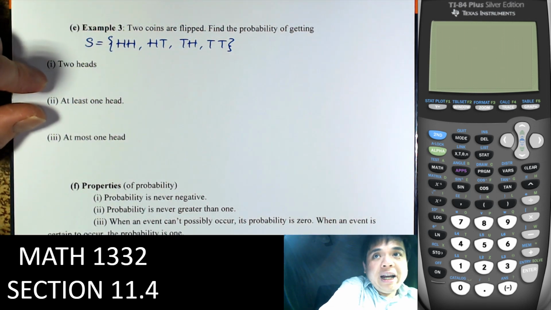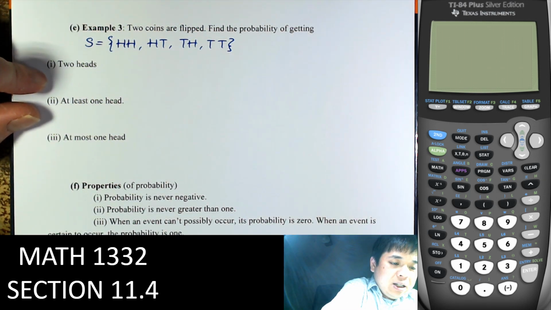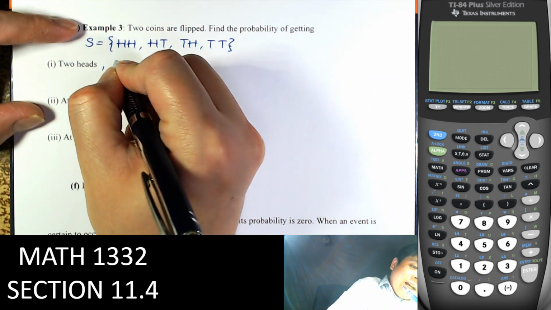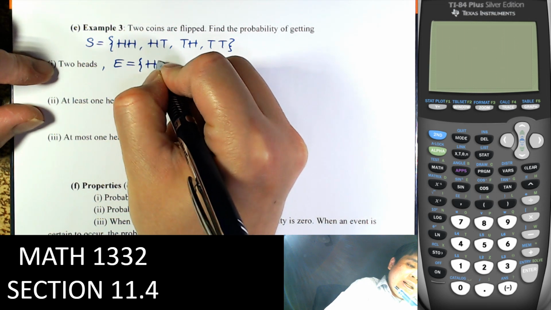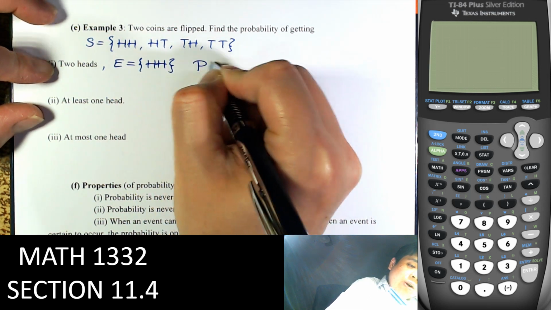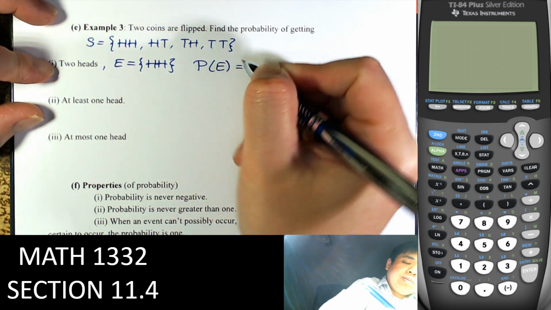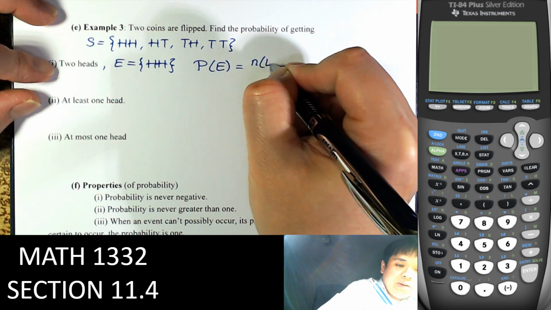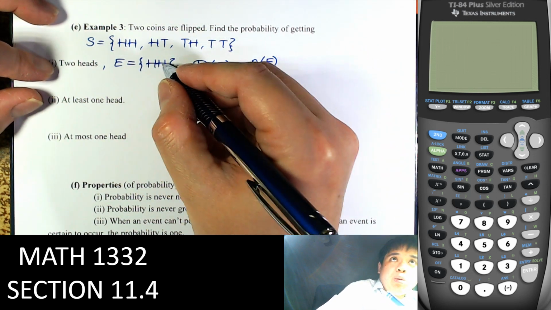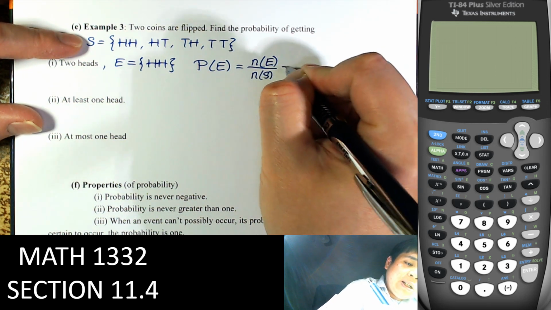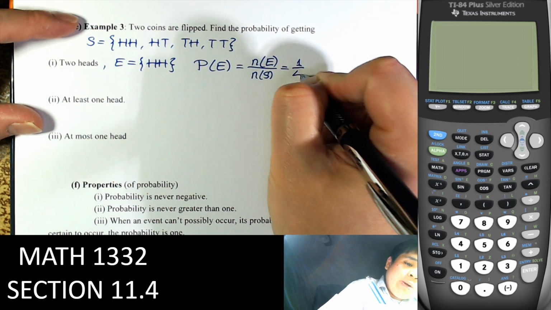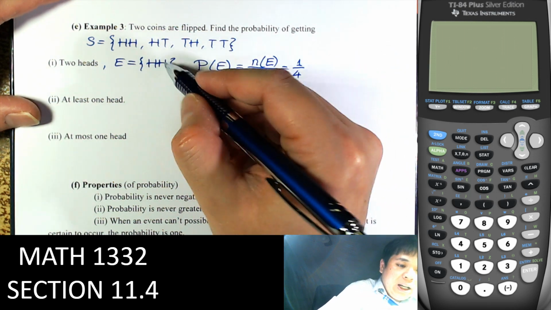Now the probability of getting 2 heads. That event will be just head-head. Therefore, the probability of getting that is the number in the event over the number in the sample space. So 1 out of 4. 1 here, 4 there.